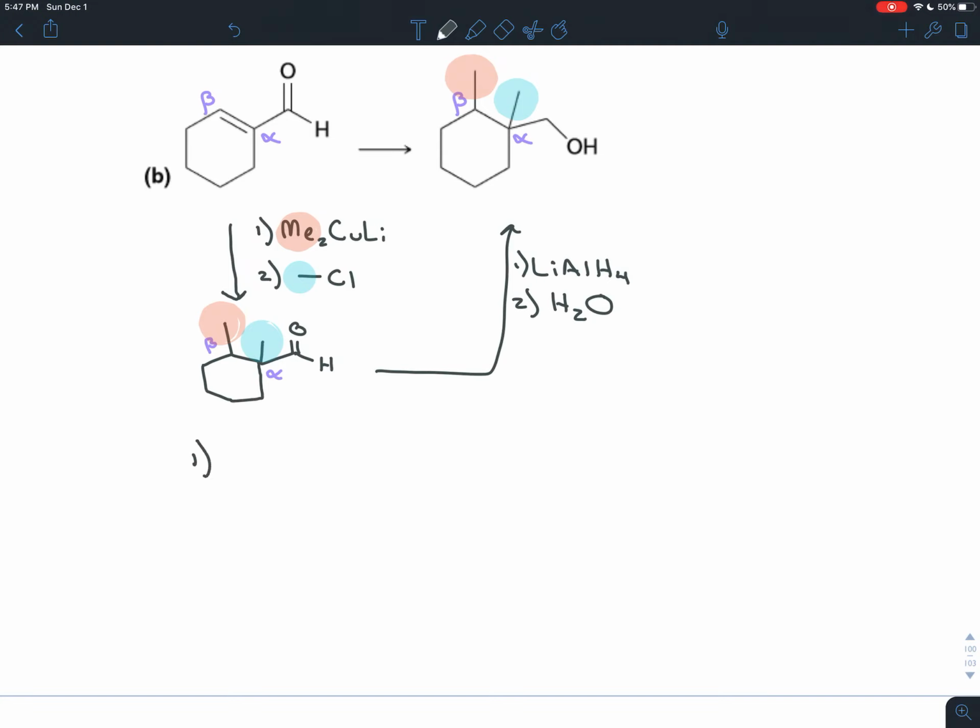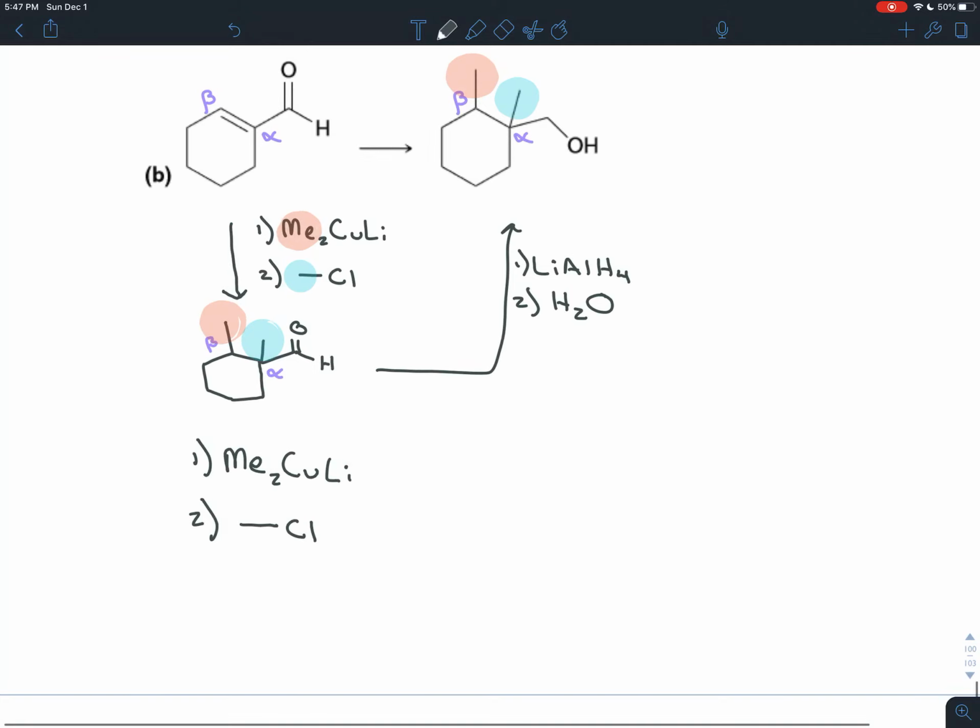To create that transformation, you'd alkylate the beta position using a Gilman reagent. That's a Michael reaction. Then you would use the nucleophile you create in that enolate to alkylate the alpha position using an alkyl halide, SN2 reaction. Then we just want to reduce the aldehyde that we had there. And that can be done by using a strong reducing agent like lithium aluminum hydride.